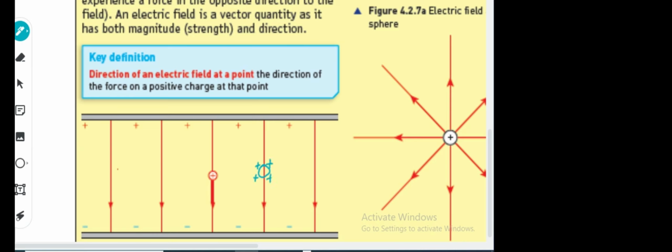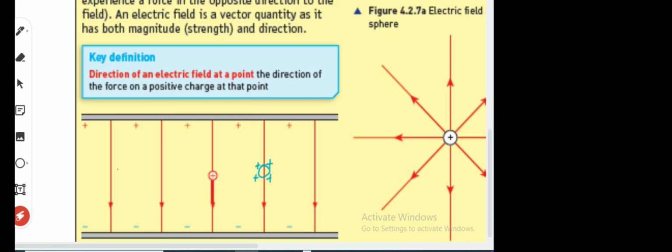Which direction do you think it will go to? Downwards. Why will it go down? Because it is going towards the negatively charged plate by attraction. Yeah. So the direction of an electric field at any point is the direction of the force on a positive charge at that point.